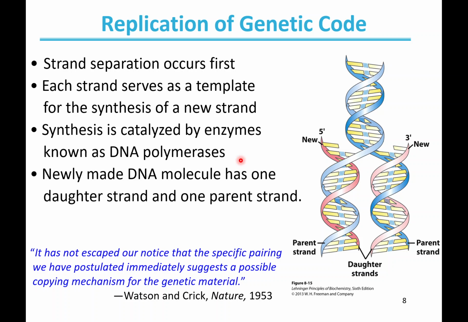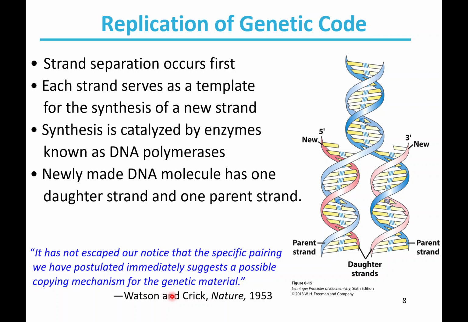So when Watson and Crick came up with this model, they really suggested that this is a way that it can be replicated. The two strands can separate, and then each strand can be read and replicated individually. And it turns out that's actually how this occurs. In next semester, you'll get into more of the specifics on that.